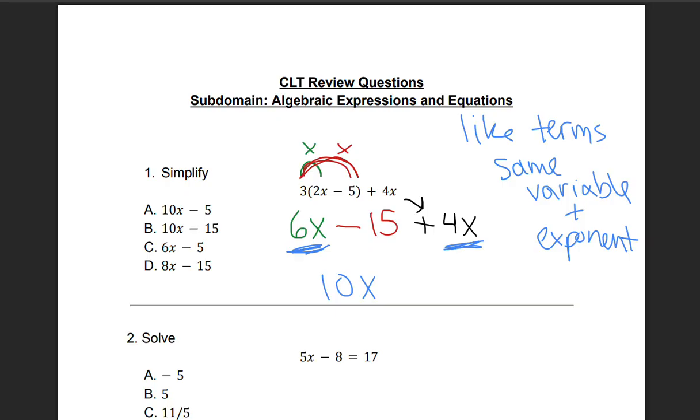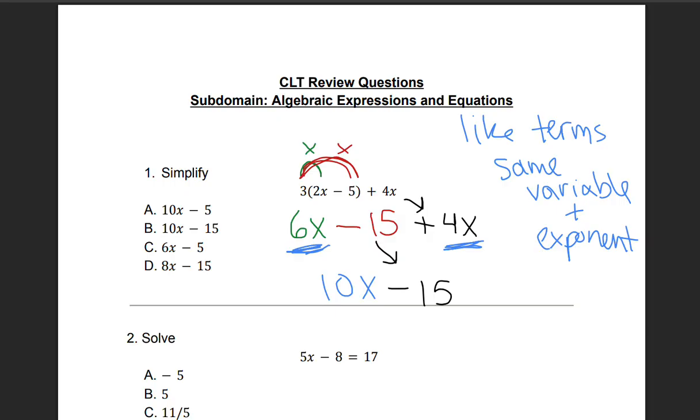Very similar to that 4x in the beginning, that minus 15 does not have anything it can combine with. It does not have a like term, meaning I'm just going to drop it down. Given how the 10 has an x and the 15 does not, I cannot combine this any further. We have found our correct answer.